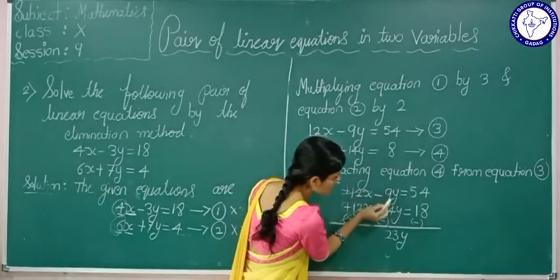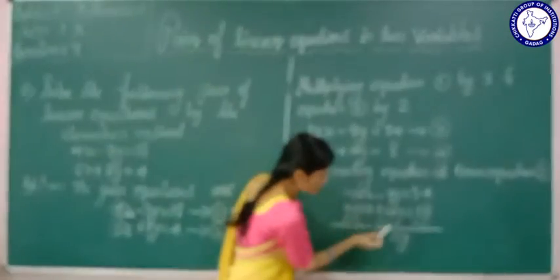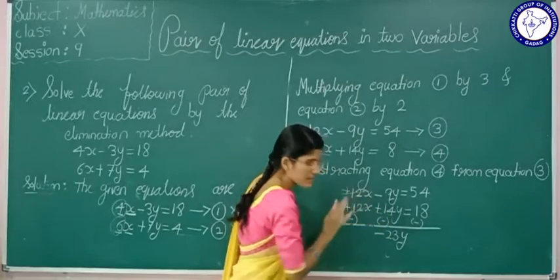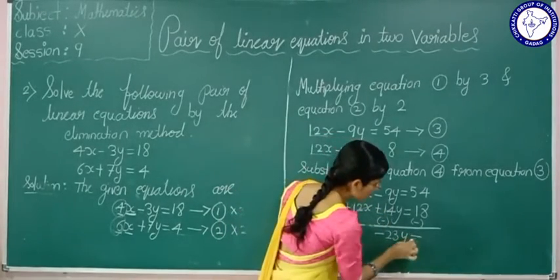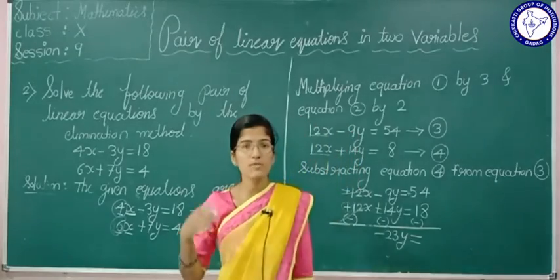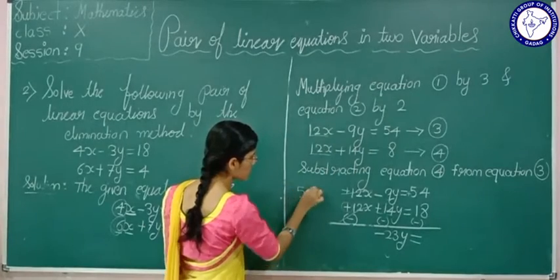Now see here, which is the bigger number? 9 is bigger or 14 is bigger? 14 is bigger. 14 has which sign? Minus. We have to keep the bigger number's sign. So minus 23y. On the right side, plus and minus means we have to do subtraction.